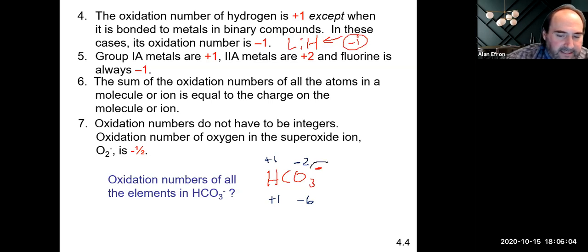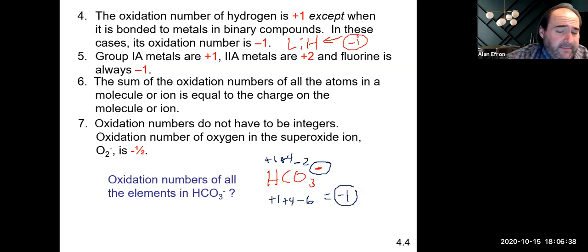Now, it needs to add up to the overall charge. This is bicarbonate, so it needs to equal -1 overall. To get to -1, the carbon should have an oxidation state of +4. So +1 and +4 is +5, and -6 leaves us with -1 overall.